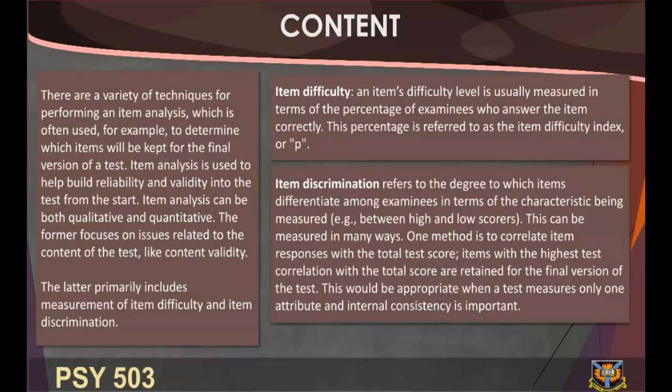This can be measured in many ways. One method is to correlate item responses with the total test score. Items with the highest correlation with the total score are retained for the final version of the test. This will be appropriate when a test measures only one attribute and internal consistency is important.